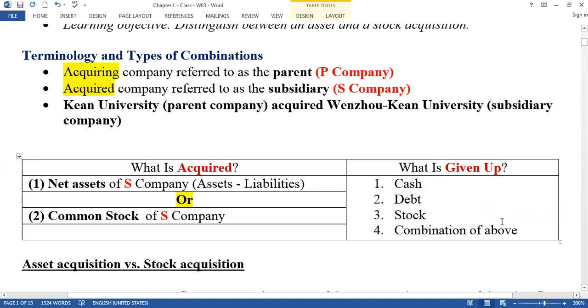You have the option to combine. You don't need to pay me all cash. You can give me some of your stock, or you can issue bonds. So we can combine two or three of the above methods to buy another company's assets, liabilities, or stock. Do you understand?